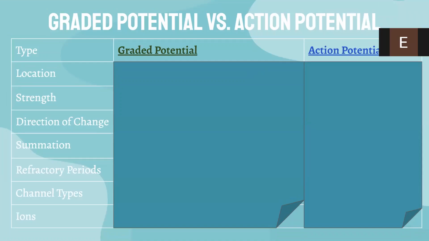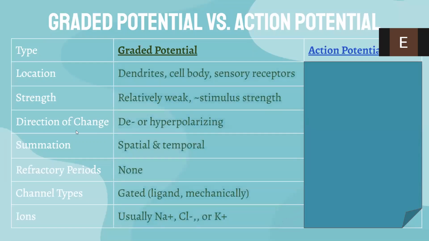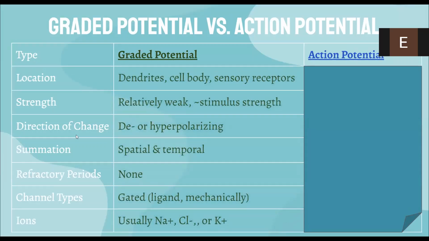So I made another table to help differentiate between graded versus action potentials. So Jose, if you could help me uncover what's underneath. Beautiful. So graded potentials occur at the dendrite, cell body, and at sensory receptors. They're relatively weak, but how strong or weak they will be depends on the stimulus strength.